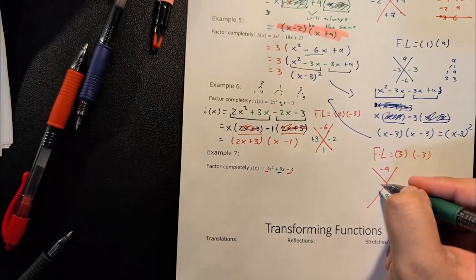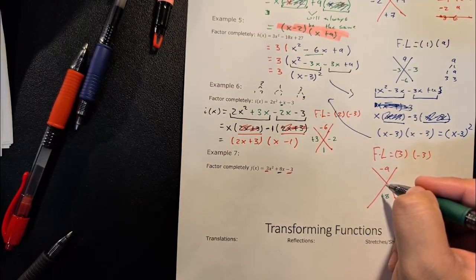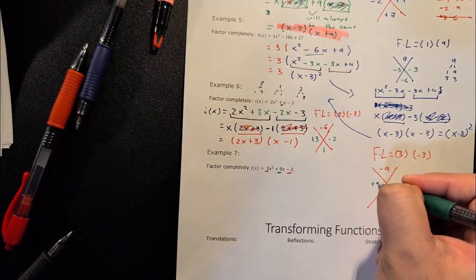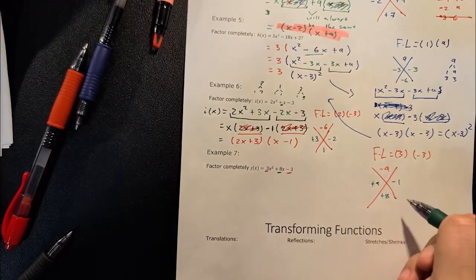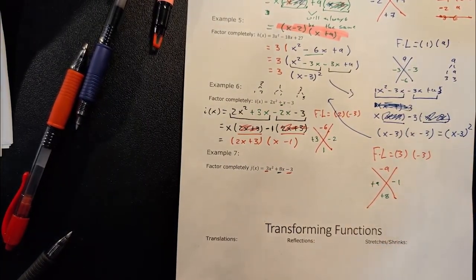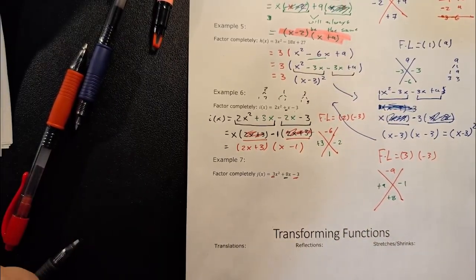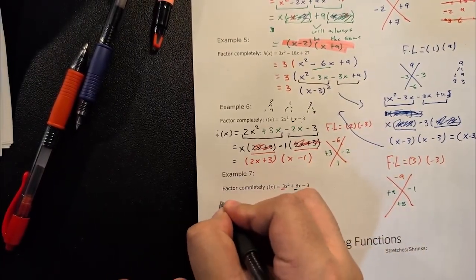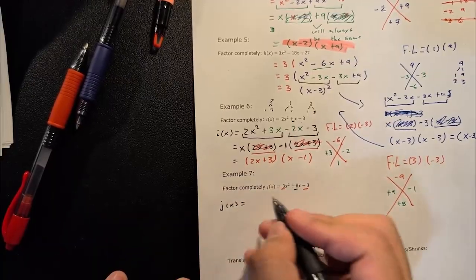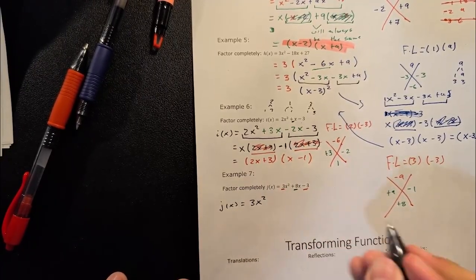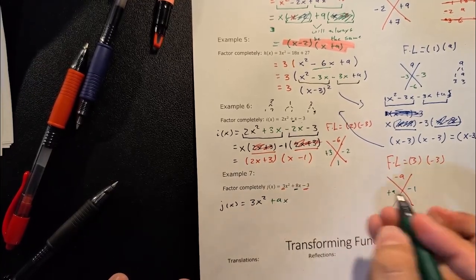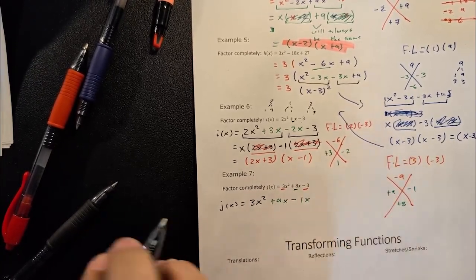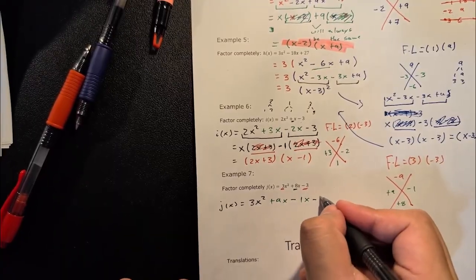We go with +9 and -1. They multiply to -9, and they add up to +8. So now we can write this as j of x is equal to 3x squared plus 9x minus 1x minus 3.